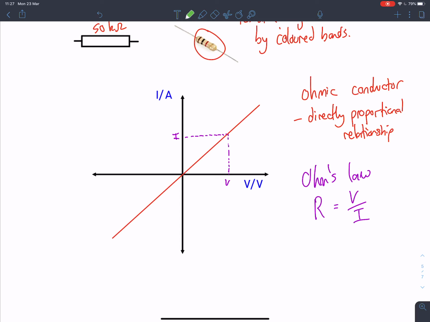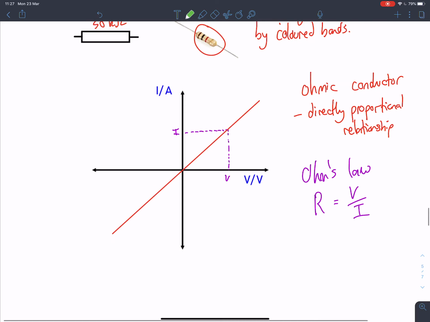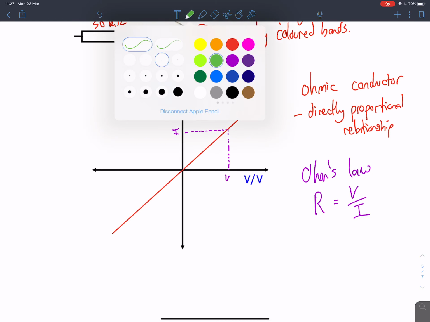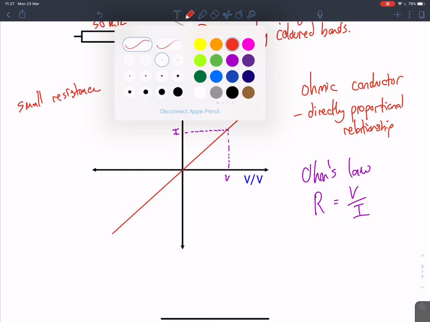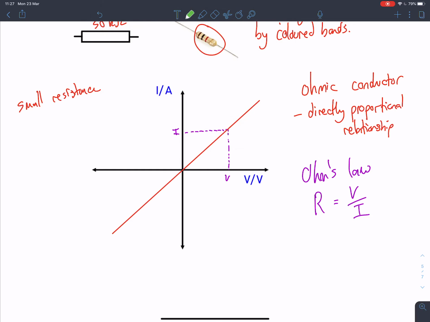Well, let's change my resistance here. If I've got a bigger resistor here, so in red there we did a small resistance. If I increase the resistance, well, what's that going to look like? So let's pick this same voltage that we looked at before. If I've got the same voltage and I've got a bigger resistor, does that mean I'm going to have a larger or smaller current?